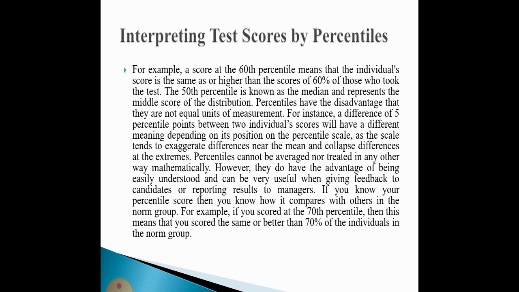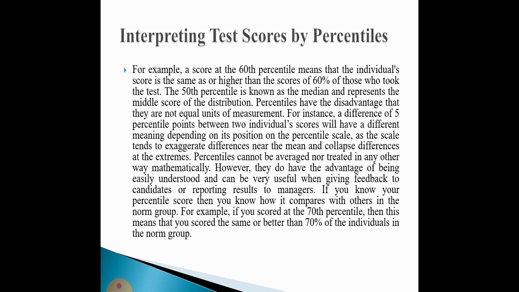Percentiles have the disadvantage that they are not equal units of measurement. For instance, a difference of 5 percentile points between two individual scores will have a different meaning depending on its position on the percentile scale, as the scale tends to exaggerate differences near the mean and collapse differences at the extremes.